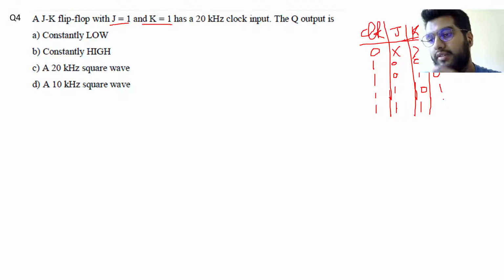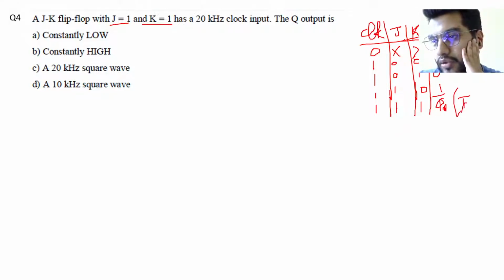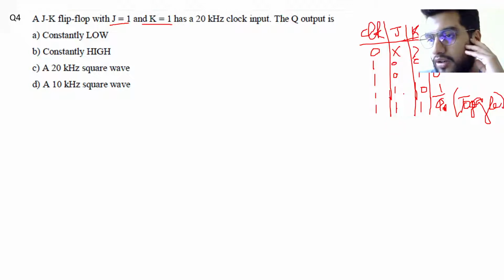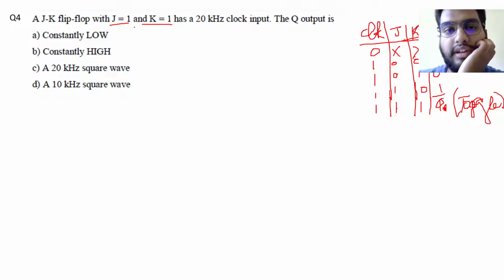And when it's 1 1, it will be Qn complement, which means it will toggle. So if the previous output Qn was 1, the next output will be 0. So with J and K equal to 1, our output will toggle.